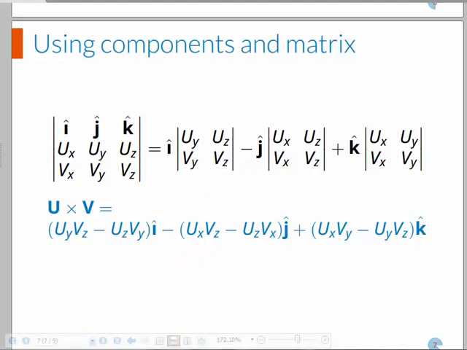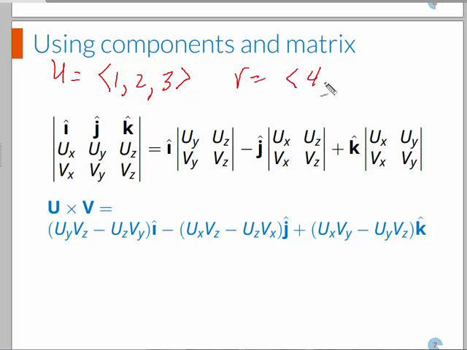We can go ahead and try an example. So we need components for U. Let's say U is 1, 2, 3, and V is 4, 5, 6. Not very imaginative, but okay, that'll work. So for U cross V, I construct first the matrix I, J, K, 1, 2, 3, 4, 5, 6.